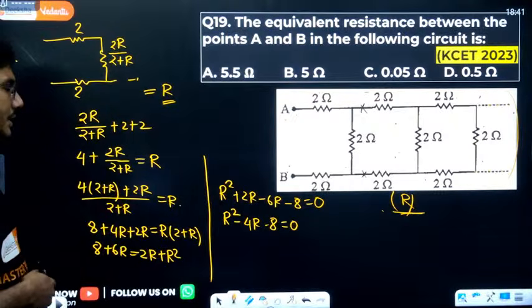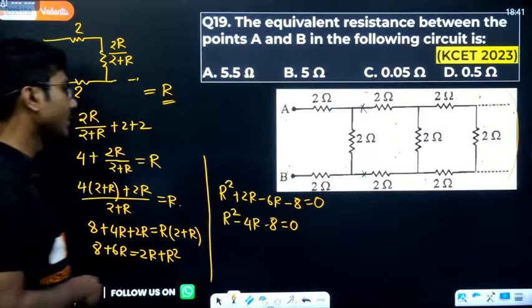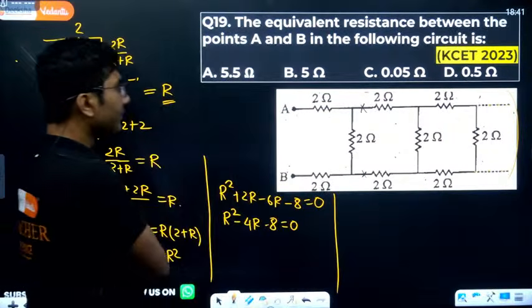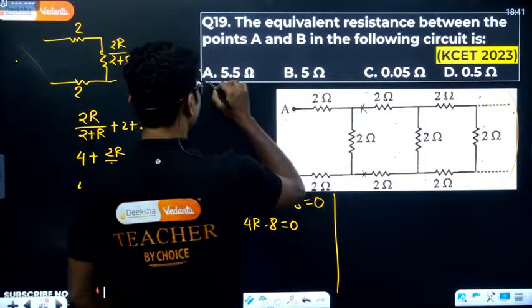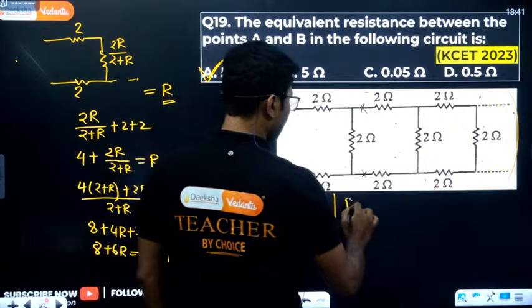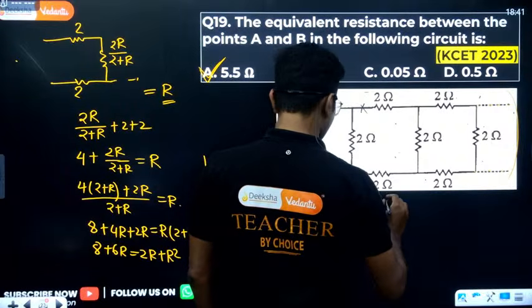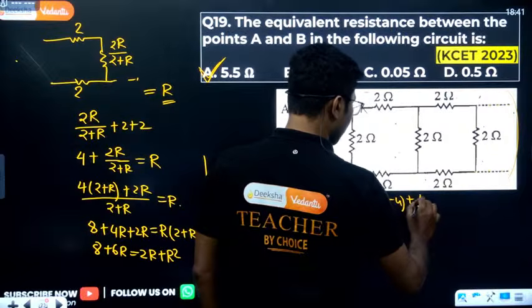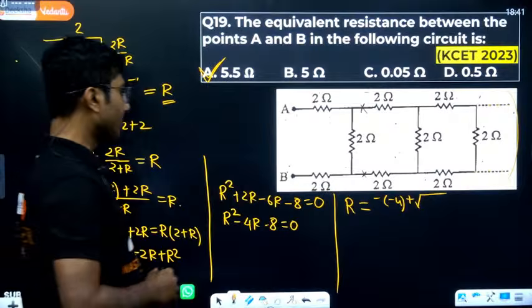Now this is obviously not a directly solvable equation. You have to use the quadratic roots of this equation, and if you use the quadratic roots, R will come out to be 5.5 ohm. R will be minus B plus or minus square root of B square minus 4AC, divided by 2A. Now plus or minus, we will not take the minus value, resistance cannot be negative.